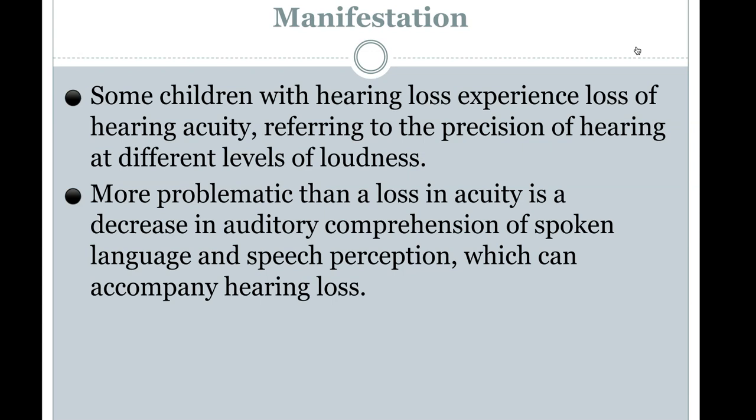So maybe you can't hear really well if something's really quiet, or if something's really loud, but you're okay hearing at an average level of loudness. More problematic than that is a decrease in auditory comprehension of spoken language and speech perception, which can accompany hearing loss, right? If you're not able to comprehend spoken language, that's going to have a big impact on a child and an adult.